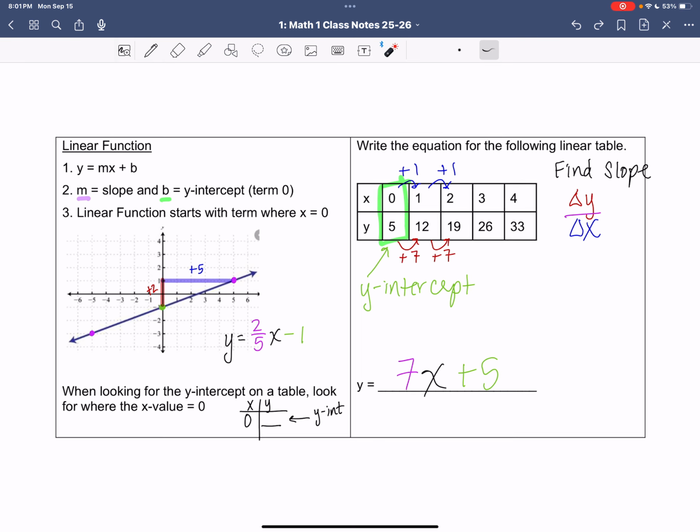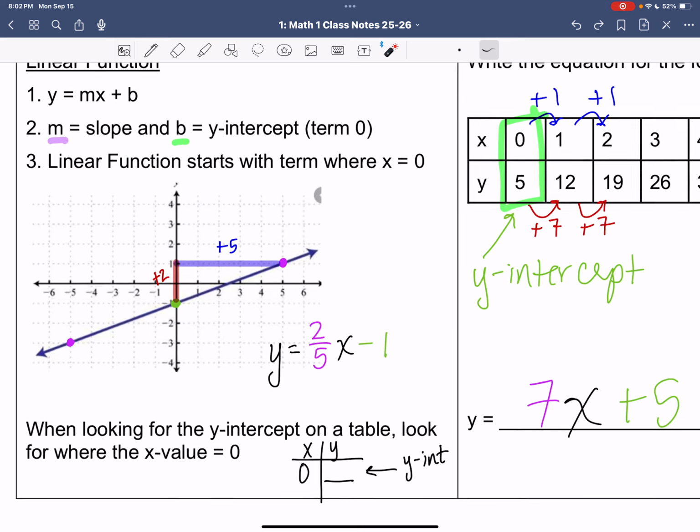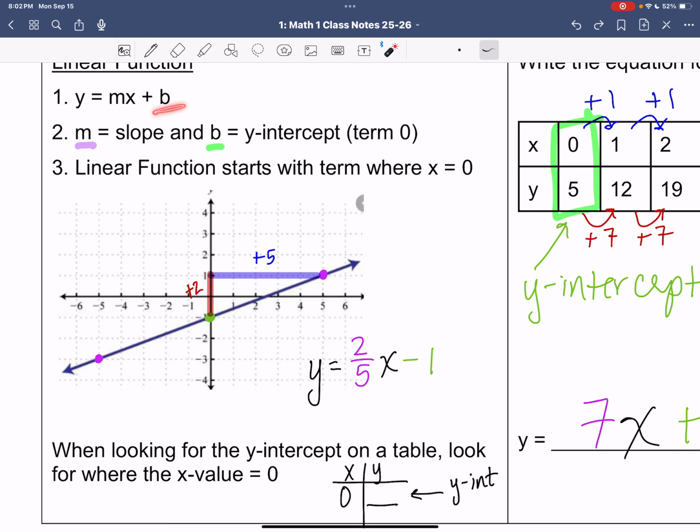All right, linear function. So it's important to know when you're talking about a linear function, it's a straight line. So y equals mx plus b. We talked about m is the slope. That's how much you move. B is the y-intercept. So this is the y-axis. This is the y-intercept. So remember, your x term will be 0 for this. So you're going to begin the graph where your b value is.